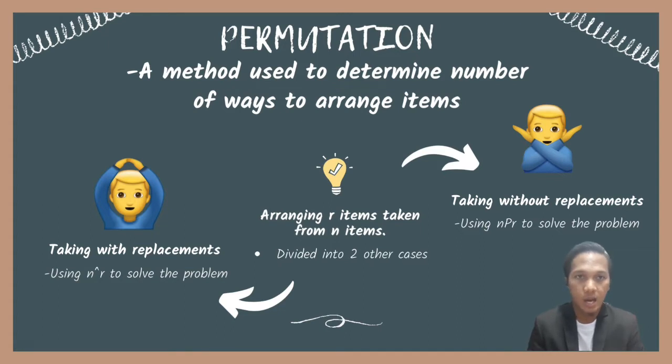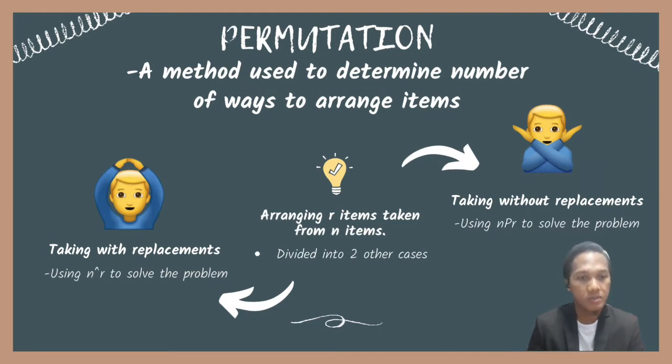The case that I will explain is arranging r items taken from n items, and from this case it has two other cases, which are taking with replacement and taking without replacement. Taking with replacement, we can understand that there will be a replacement, for example, if we take another letter or word.